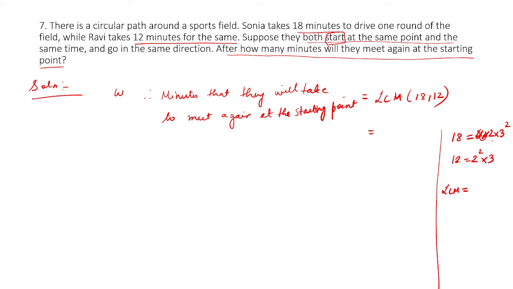In the case of 2, 2 square has the highest power. In the case of 3, 3 square has the highest power. So this is going to be 4 into 9, which is 36. So they will take 36 minutes to meet again at the same starting point. With this we shall end the video.